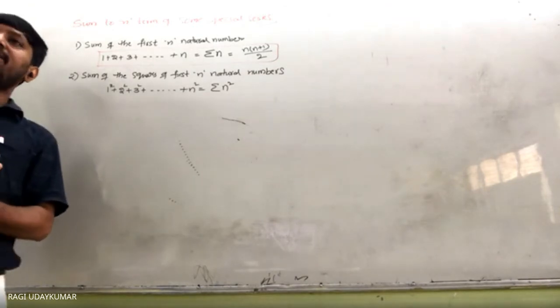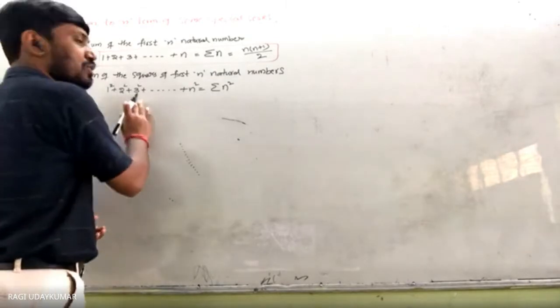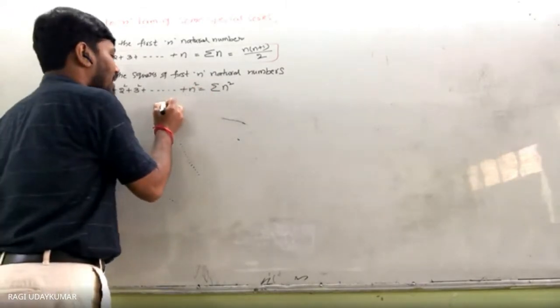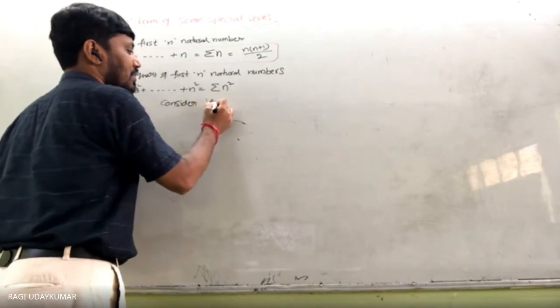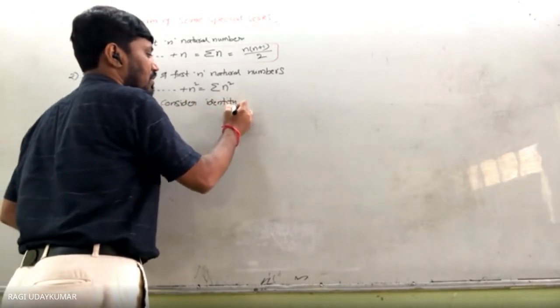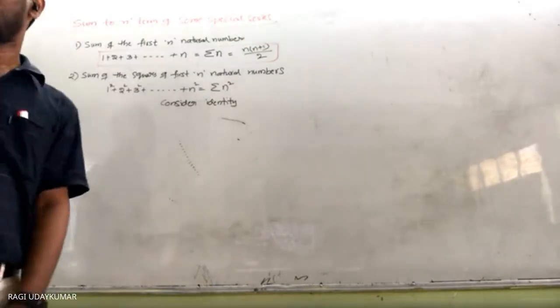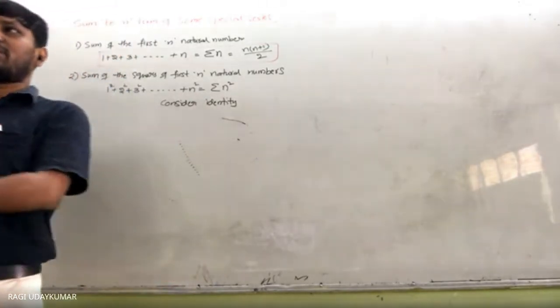So you consider one identity. Okay, let us consider, इसको prove करने के लिए consider one identity. Identity is nothing but what? a plus b whole square equal to a square plus 2ab plus b square.